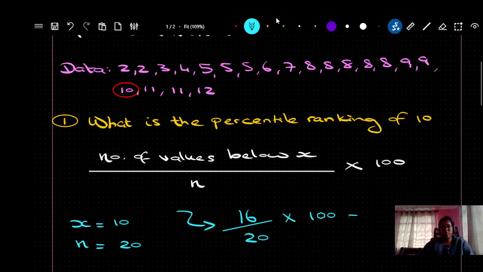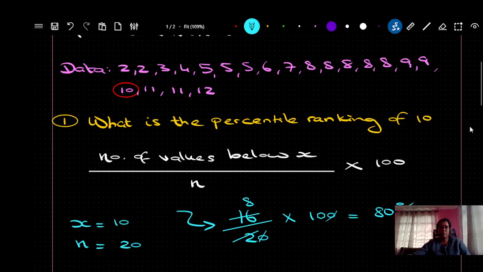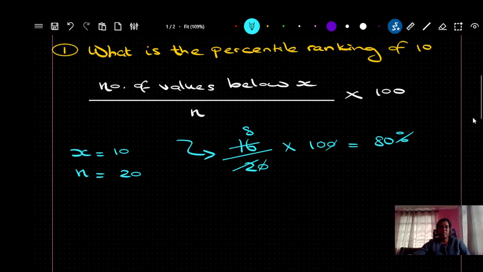That gives 80%. So what does this 80% represent? It says that 80% of the values in the dataset are below the number 10. This is the ranking of 10.